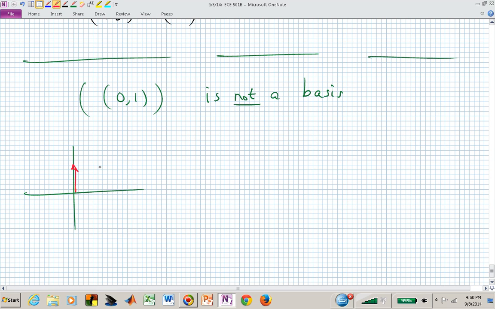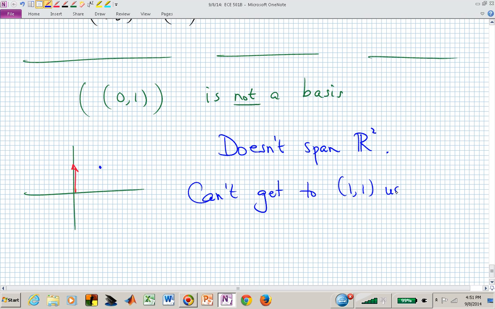And if we wanted to go here again, could we get there using this vector? No, we can't, can we? We can only go vertical. So this doesn't span R2. And we can't get to 1, 1 using a unit vector in the vertical direction.